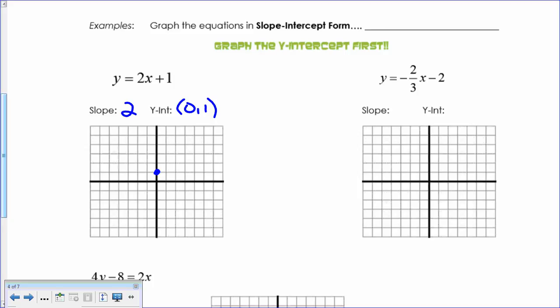That's my starting point. Now I'm going to use my slope to find point number 2. If my slope is 2, what's rise over run?